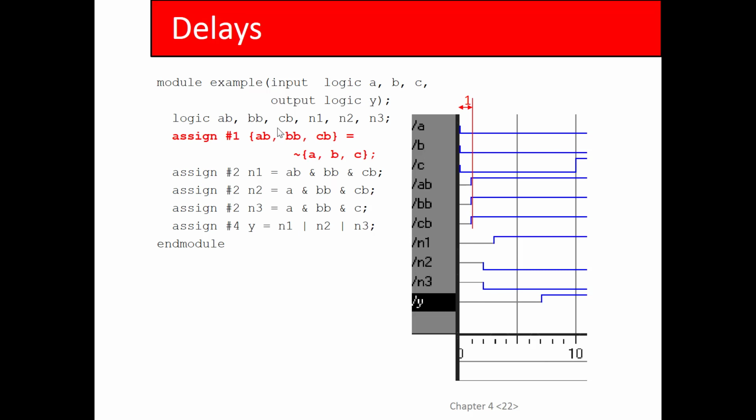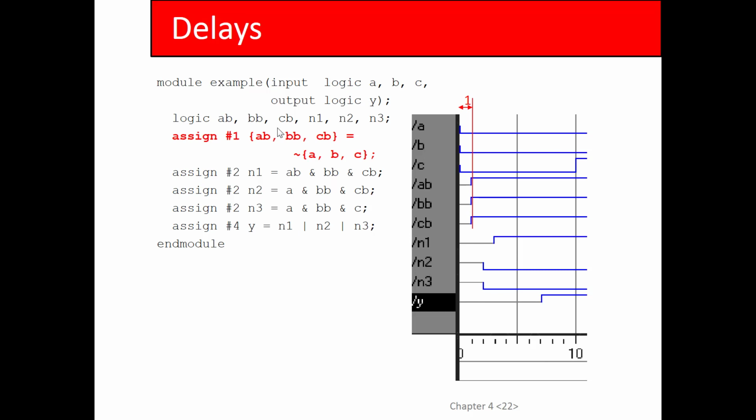So CB gets assigned, but after a unit. Notice that there's one time unit, whatever the time unit is, could be nanoseconds or picoseconds, but it gets changed. CB is undefined, that's what this gray line means, and then it gets assigned after 1. You guys with me? You're setting A, B, and C. Those get set right off the get-go, and that's not shown because those are inputs, so we don't see that happening in this design.